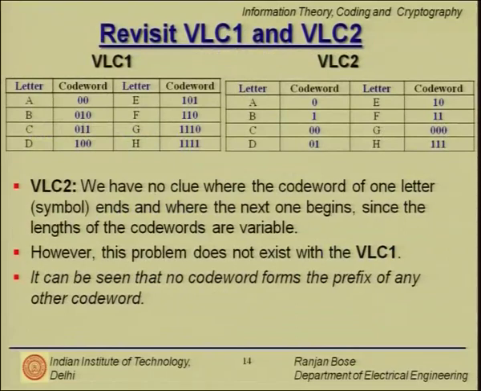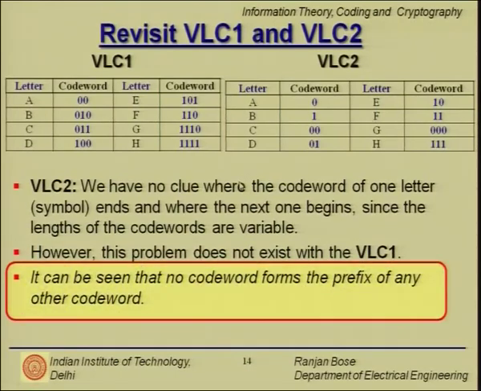So, let us revisit variable length code 1 and code 2. We established that with variable length code 2 unique decodability is not a possibility, but for variable length code 1 you can see that no code word forms the prefix of any other code word. Let us emphasize that no code word is a starting point of any other code word.